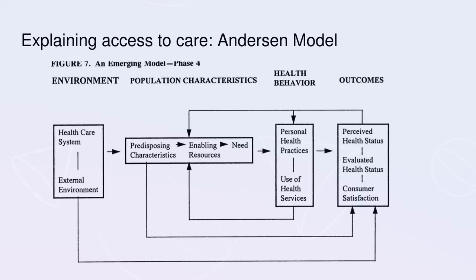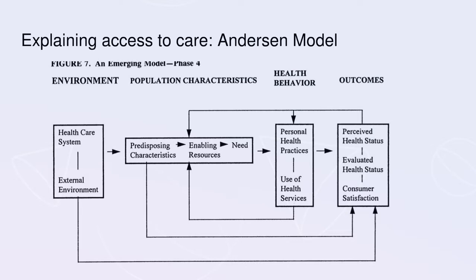So healthcare system and external environment contribute towards the behavioral aspects of predisposing, enabling, and need variables. These in turn lead to specific health behaviors, such as personal health practices, whether a person individually would like to go and get themselves, say for example, vaccinated, or whether they will travel to the vaccination center, the use of health services, and in turn this will lead to the perceived health status.